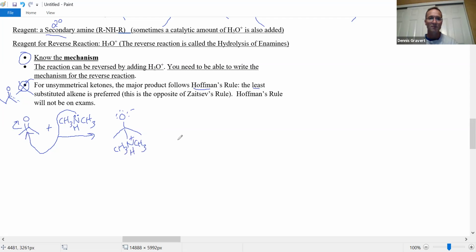Hey, nitrogen, you're making 4 bonds, you're positive. Plus and minus in the same molecule, that doesn't look right. Yeah, let's neutralize that. Lone pair, go grab that H. Cool, everybody's neutral and happy.